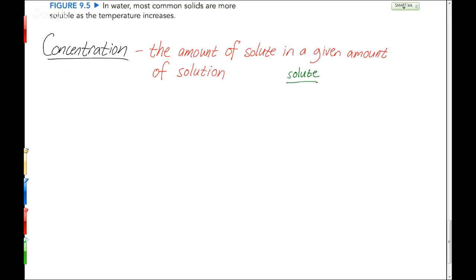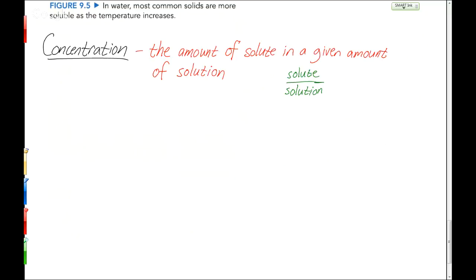And this is a good way to remember how to calculate concentration. With a couple exceptions that we're not going to look at in this class, concentration can be thought of as solute divided by solution. So amount of solute divided by the amount of solution. Now, amount can be measured in different ways, so we're going to look at a couple different ways that it's measured. But of all the different ways you can measure concentration, they fit into this simple fraction. So you have some amount of solute divided by some amount of solution. And that gives you your concentration.